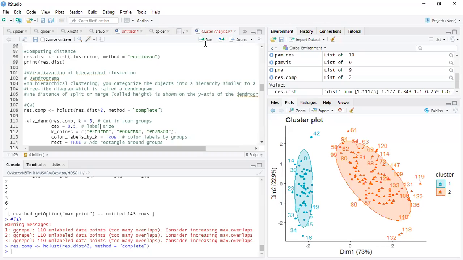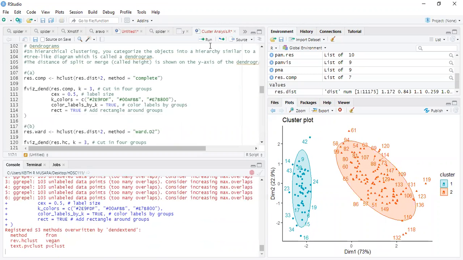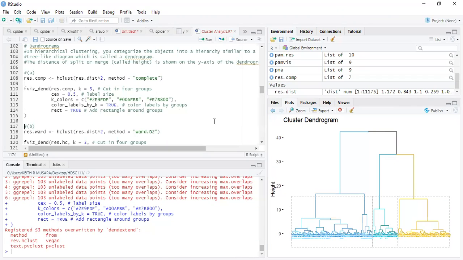Probably they may not fit well from the graph. So if you look at the output that I have produced there, there is a cutoff point, which is the height. The height cuts the dendrogram into two.